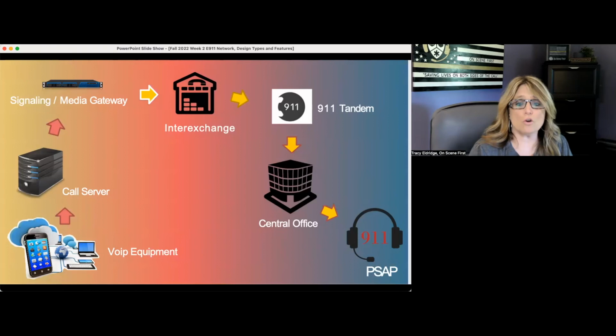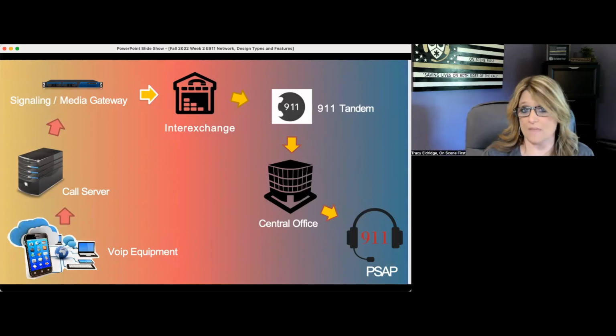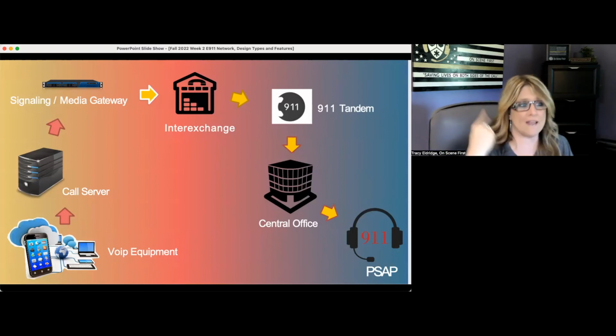So this is what your call flow looks like for voice over internet protocol. VoIP equipment, whether it's the phone using Wi-Fi dialing or some type of booster in the home, goes to the call server, and has to go to a signaling or a media gateway. We're going to talk more about gateways. Once you get the gateway information, you can come back here and have a better understanding.